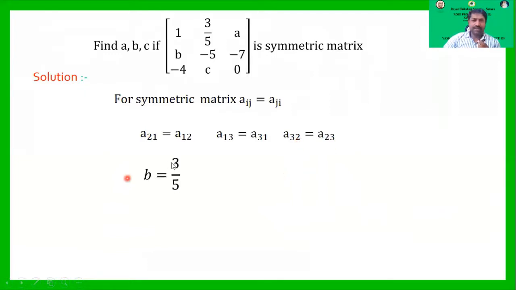So b is equal to 3 by 5. Here these elements are equal for the matrix to be symmetric. a is equal to minus 4. Here a is equal to this minus 4. And A32, that is c, is equal to this minus 7.